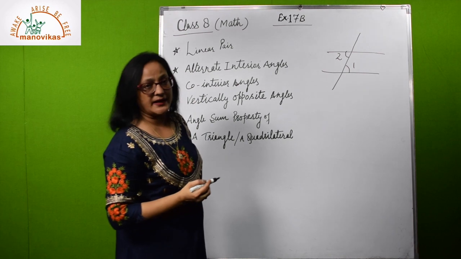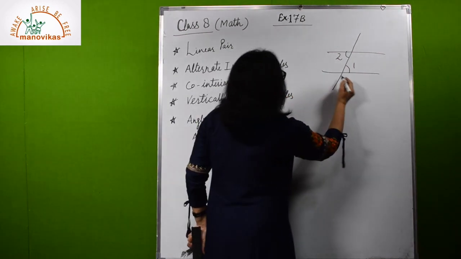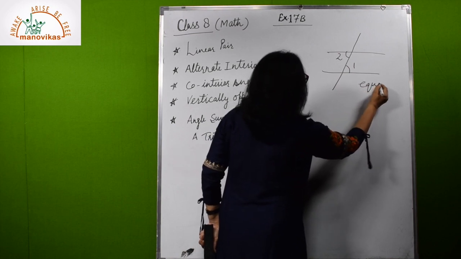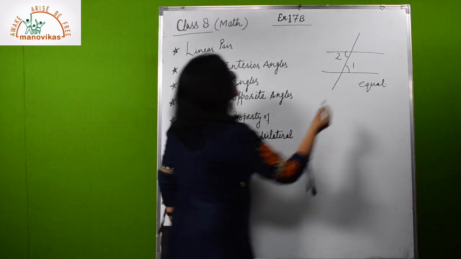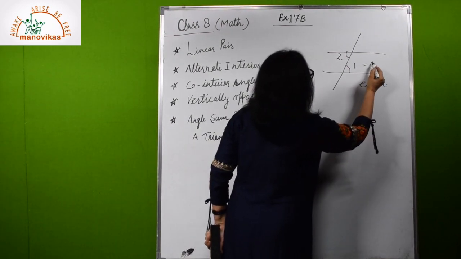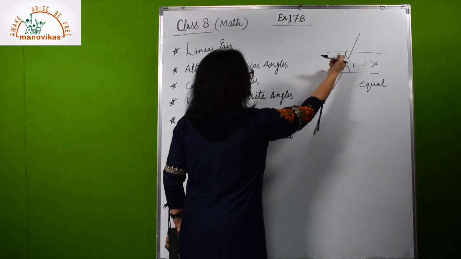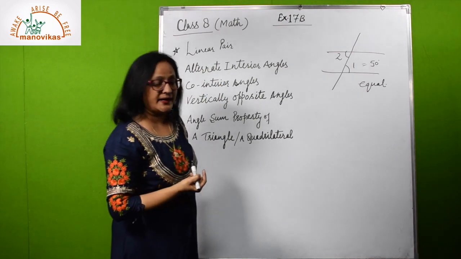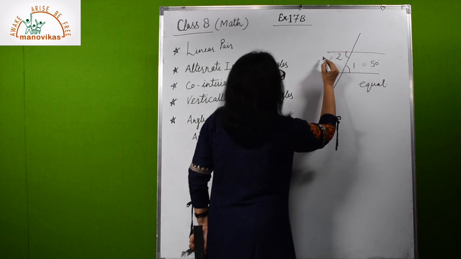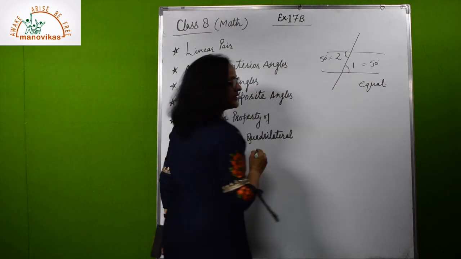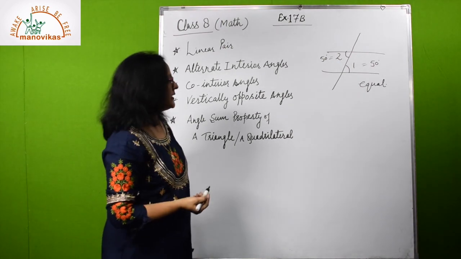So angle 1 and angle 2 are alternate interior angles. So alternate interior angles, the property is they are equal. So if in a parallelogram given, somewhere you are given angle 1 is equal to suppose 50 degree, find angle 2, and you can see angle 2 and angle 1 are alternate interior angles. So by the property of alternate interior angle, this angle 2 will be equal to 50 degree. Then in the bracket you will mention, being the alternate interior angle, they are equal.